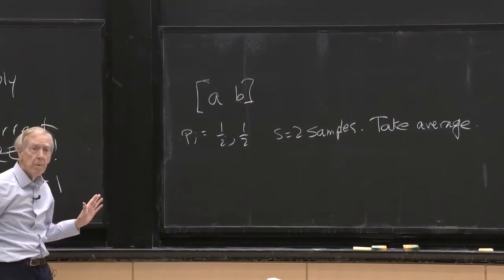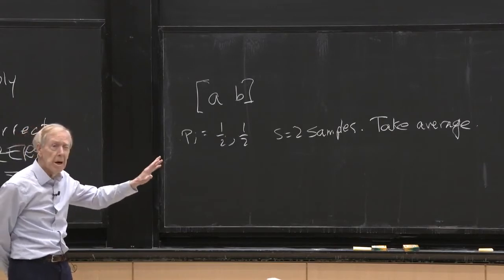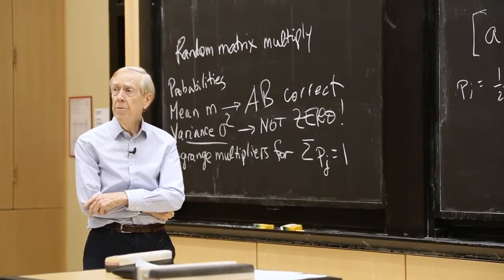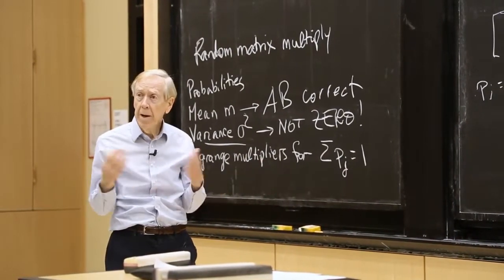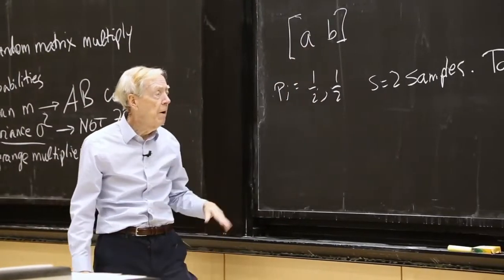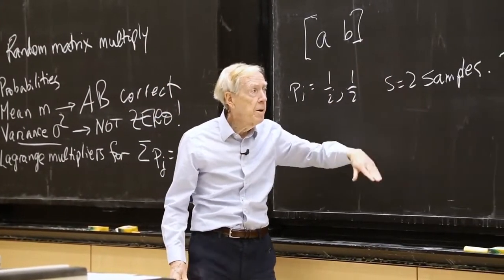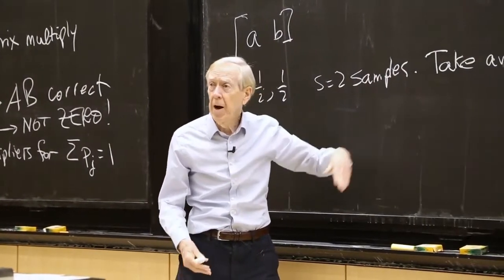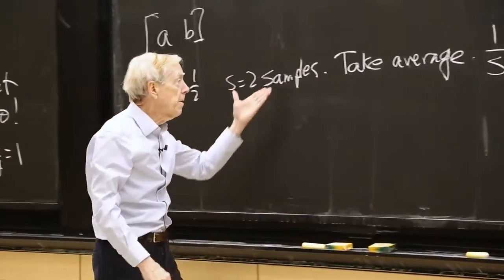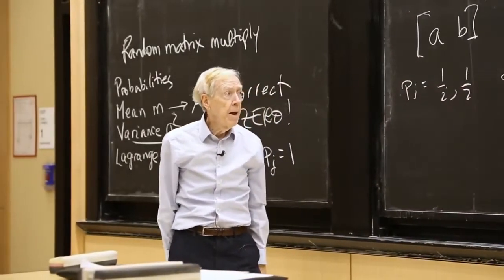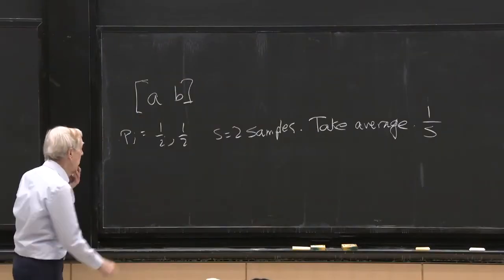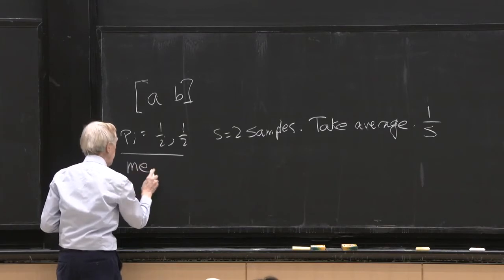And that will be my randomized matrix. Okay, so could we compute the mean for this? So I've described a randomized sampling process. I've given you the probabilities, half and half, the number of times I'm going to do it, and then I divide by that number of times. So this is really, I have a 1 over S here because I've got S of these. And now, what are the possibilities here? I want to find the mean. First of all, let's practice with the mean.